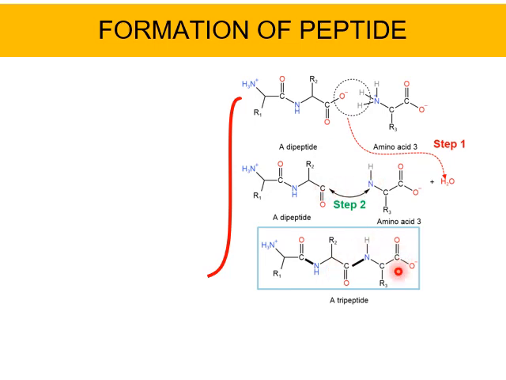This step will keep on repeating. But the growing polypeptide will always occur from the C terminus of the protein. So in this case, for a tripeptide, if you want to grow it into a longer polypeptide, then a new amino acid will be added in this direction.